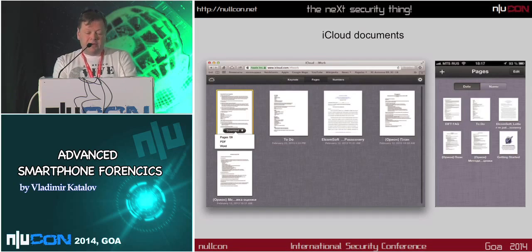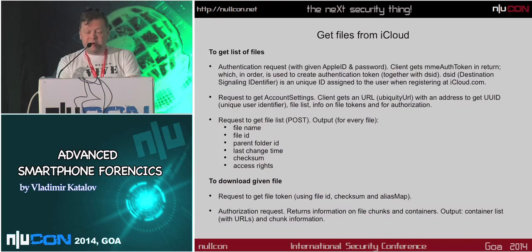Then iCloud documents, which you can use on iPad or iPhone or other iOS-based devices. Here is the control panel. What we are doing to get the files from the cloud. Again, Apple doesn't provide any means to get the files from the iCloud. First, we are making the authentication request. It is very similar to the one which is performed during the backup retrieval.